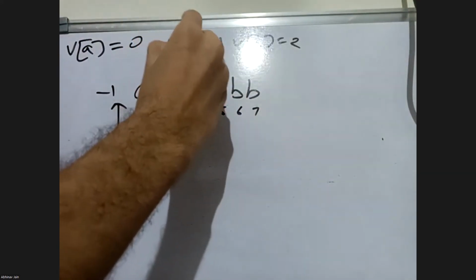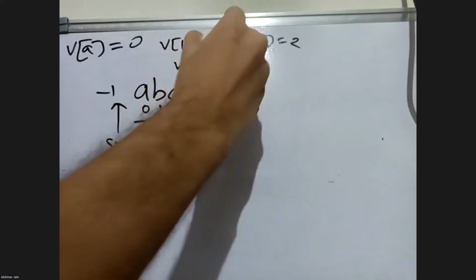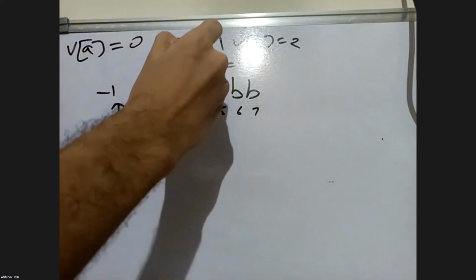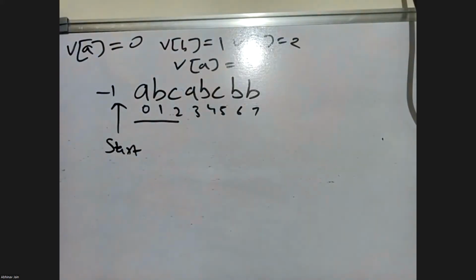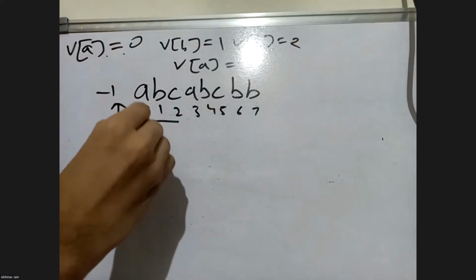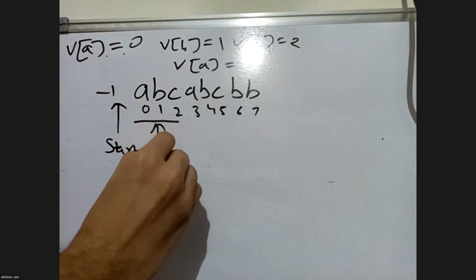Then again we come across a, and this time it is equal to 3. So we give it the value 3, but we change start to the value where v of a previously was. Before we change it to 3, v of a was 0. So we give start the value of index 0.